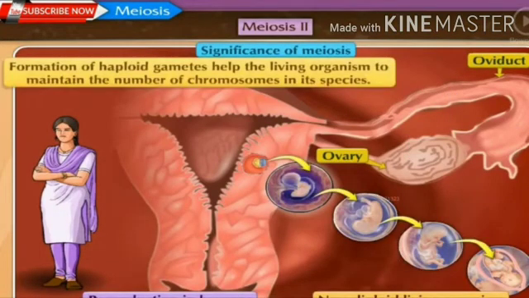Two haploid cells combine and form a diploid zygote, which divides and grows into new diploid living organisms. Therefore, formation of haploid gametes helps living organisms to maintain the number of chromosomes in their species. This is the significance of meiosis.